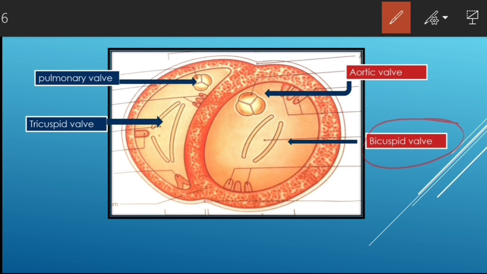It admits the tips of two fingers. The anterior cusp lies between the mitral and aortic orifice. The mitral cusps are smaller and thicker than those of the tricuspid valve. These are the anterior and posterior papillary muscles. Okay.